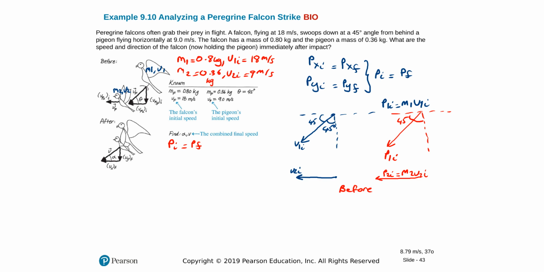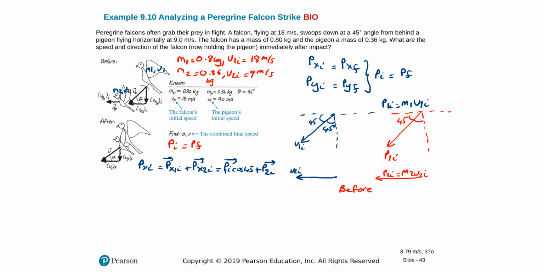So let's look at P initial here. We have components, so we're going to look at Px initial. Px initial is equal to Px1 initial plus Px2 initial. That's it, we have two objects here. Px1 initial is equal to P1 initial cosine 45, and Px2 initial is just P2 initial, because P2 initial is just along X, right?